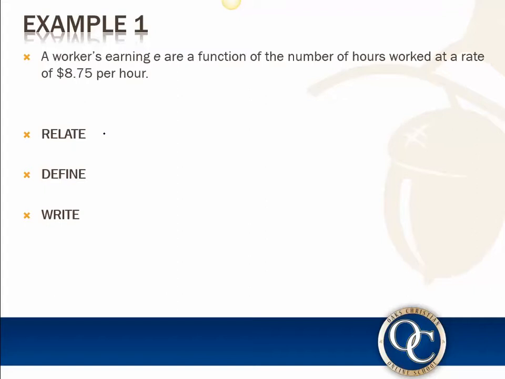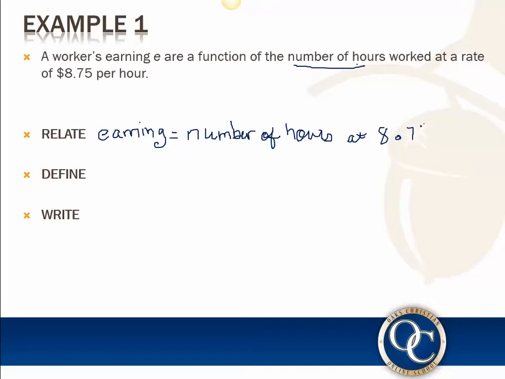The worker's earnings, E, are a function, meaning his earnings can be written as a function of the number of hours worked at a rate of $8.75 each hour.